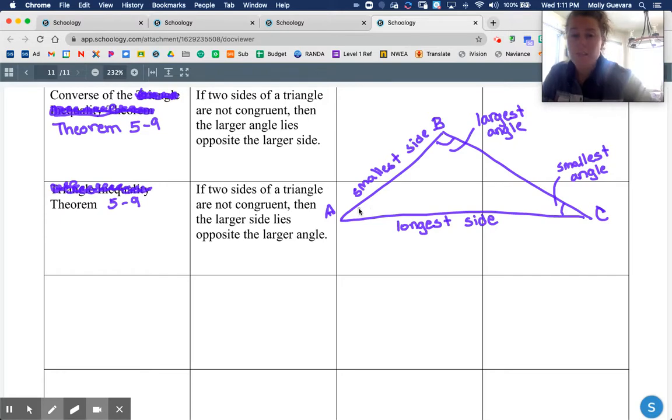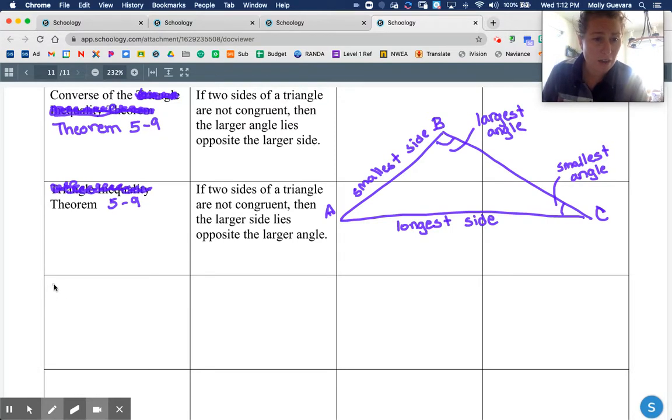And the middle angle would be across from the middle length side. So that's just pretty quick and easy. It's just a fun little helpful guide. If I need to know which side is longest, I can ask which angle is the largest, and whichever angle is biggest, I know the side across from it is the longest.